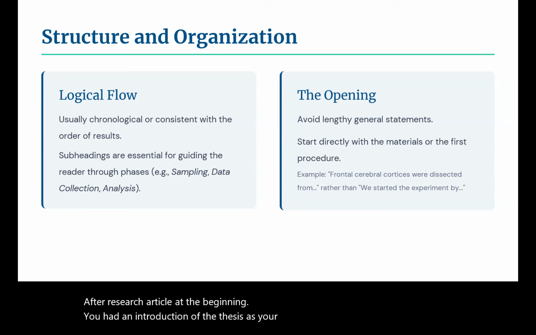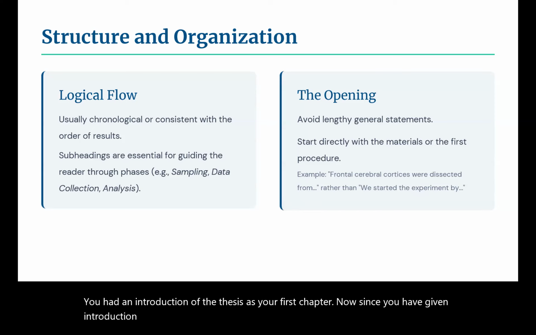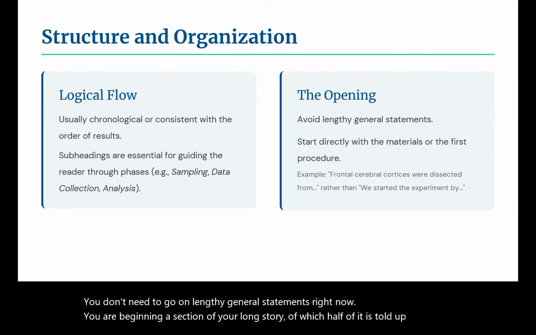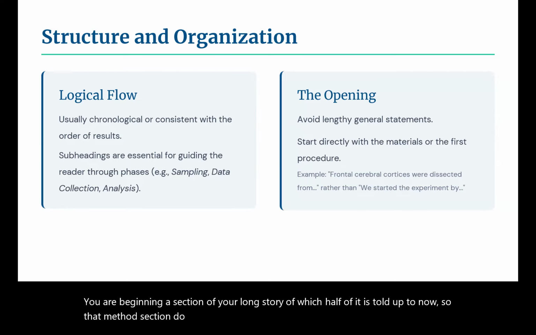Now, since you have given the introduction in the first chapter or in the introductory section, you don't need to go on with lengthy general statements right now. You are beginning a section of your long story, of which half of it is told up to now. So the method section does not need general statements. Avoid them.